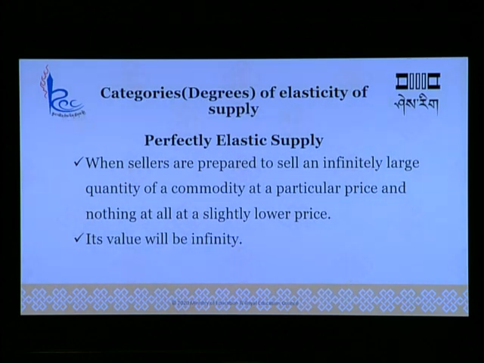So now, with the concept of elasticity of supply, we are going to discuss the categories of elasticity of supply. That's the different categories of elasticity of supply. There are basically 5 categories of elasticity of supply. We are going to look at each category with the help of a graph.